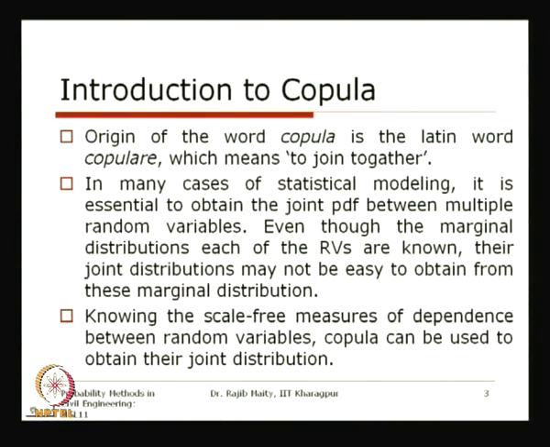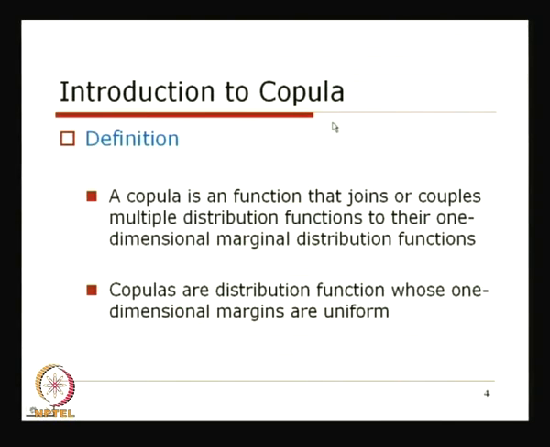Before that, we will see the definition of copula. The definition says that a copula is a function that joins or couples multiple distribution functions to their one dimensional marginal distribution functions.